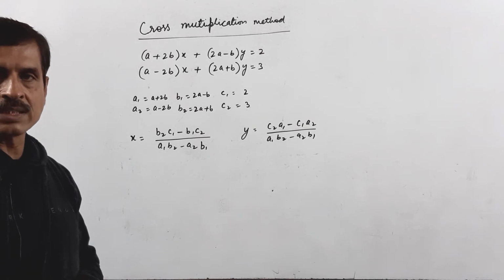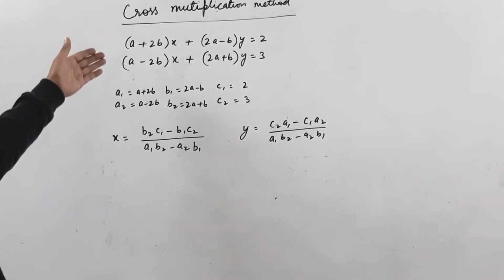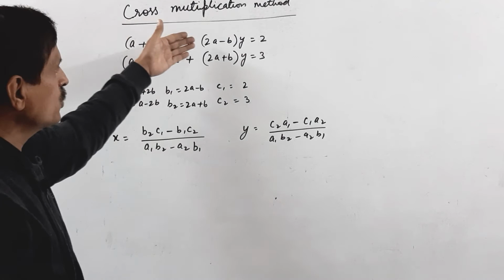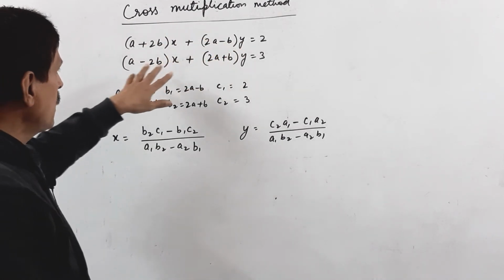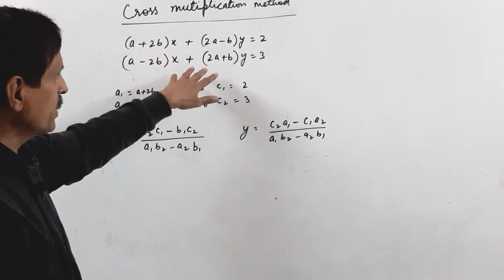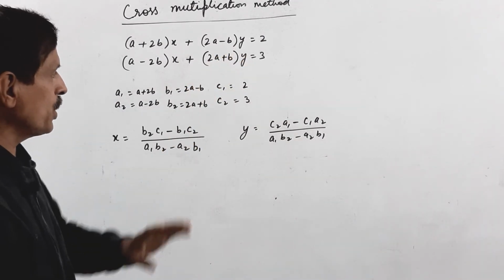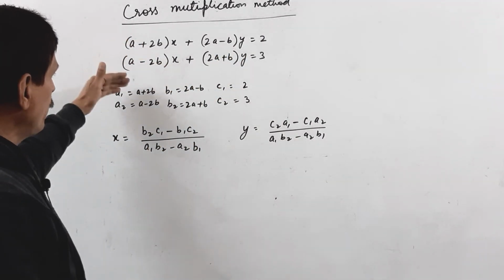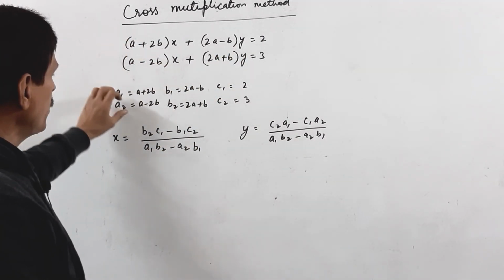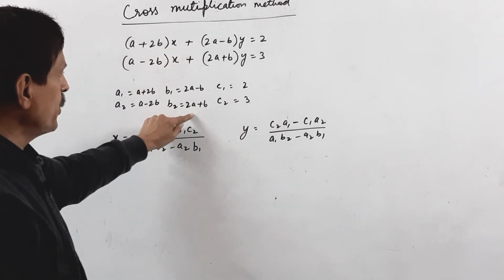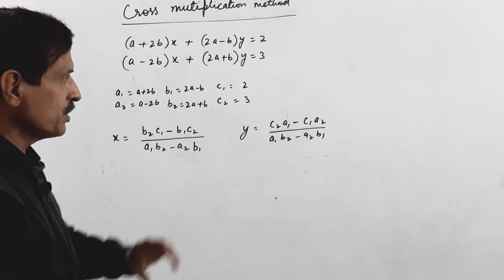Now we consider another example. (a plus 2b)x plus (2a minus b)y is equal to 2 and (a minus 2b)x plus (2a plus b)y is equal to 3. We write down the coefficients a1 and a2, b1 and b2, and c1 and c2.